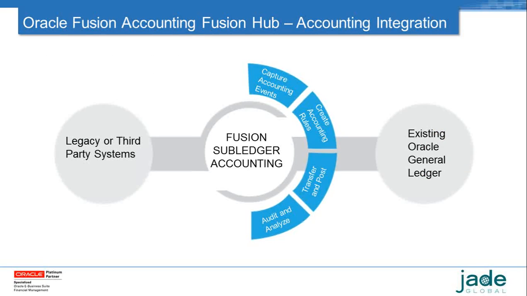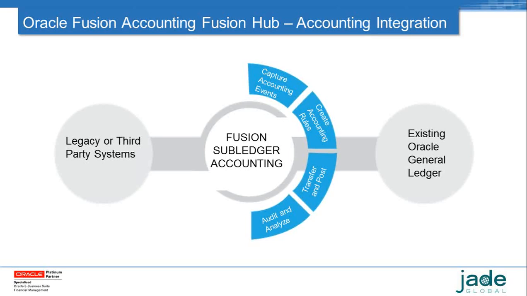Okay, the first is accounting integration. If you see this picture, what I'm presenting right now, the Fusion Accounting Hub integrates with Oracle and non-Oracle transaction systems to create accounting entries in Oracle GL, like your Fusion, E-Business Suite, and PeopleSoft General Ledger, and also with other non-Oracle GL systems.